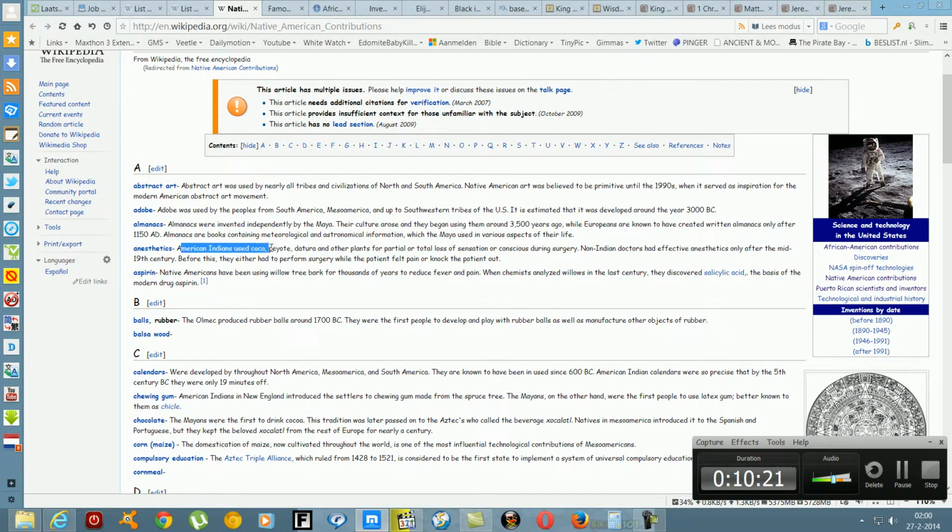American Indians used coca, peyote, datura, and other plants for partial or total loss of sensitivity or consciousness during surgery. You see what I'm talking about? We invented that. We invented anesthetics. Non-Indian doctors had effective anesthetics only after the mid 19th century.